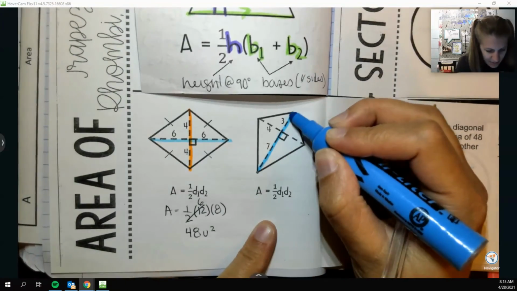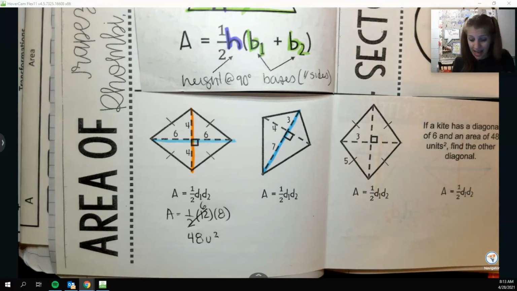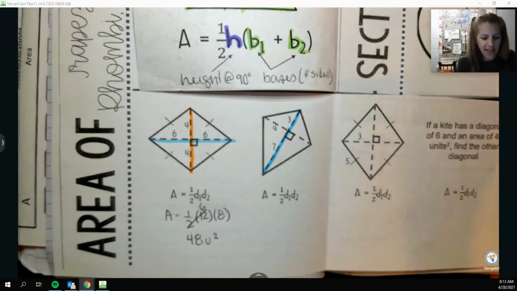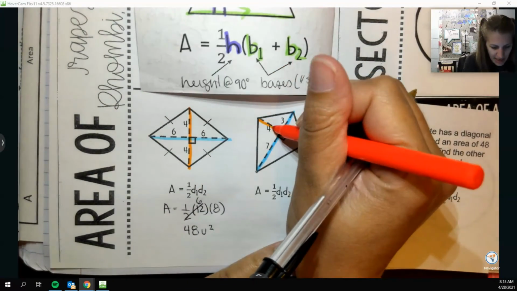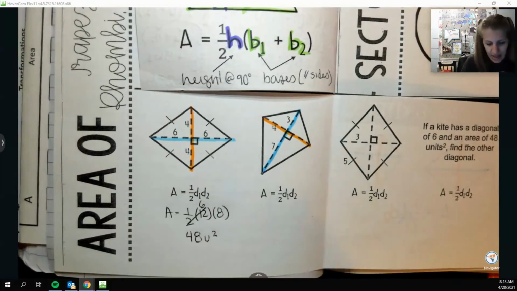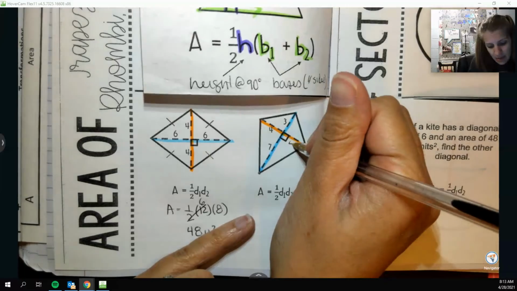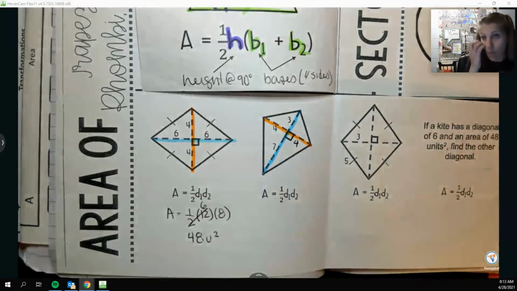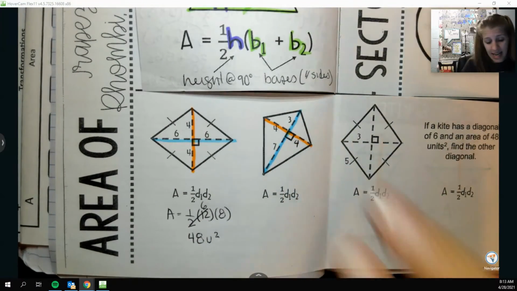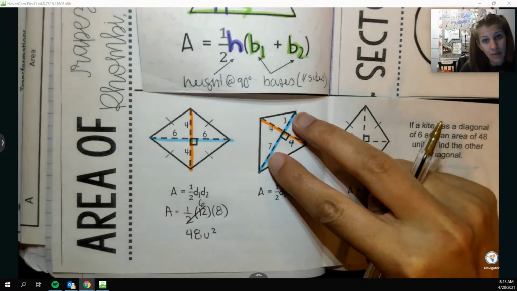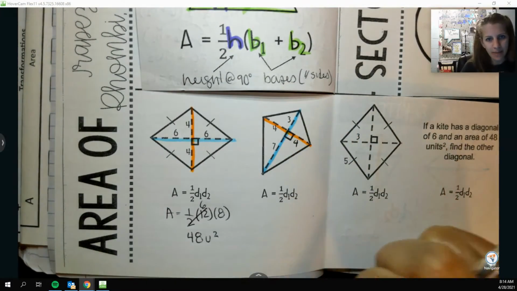Looking at the next one, I can see that I have a kite, and one diagonal of the kite is a full 10. And then the other diagonal of the kite here is actually 8, because if they're showing me this side is 4, the other side has to be 4. If you remember, in a kite, one of the diagonals was bisected, and I can clearly see that it was not this one, so it has to be the other one.